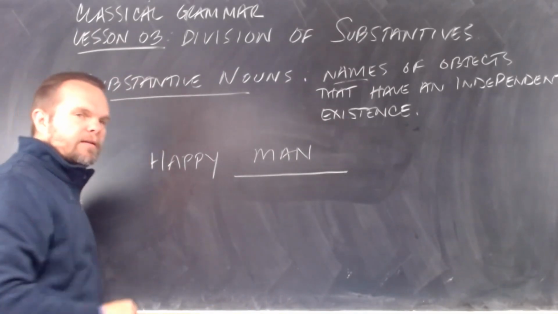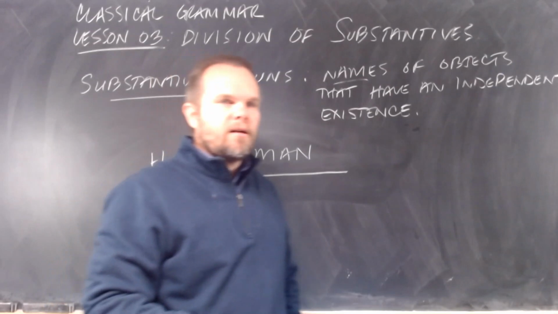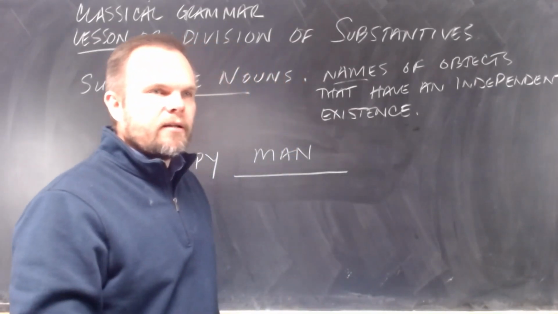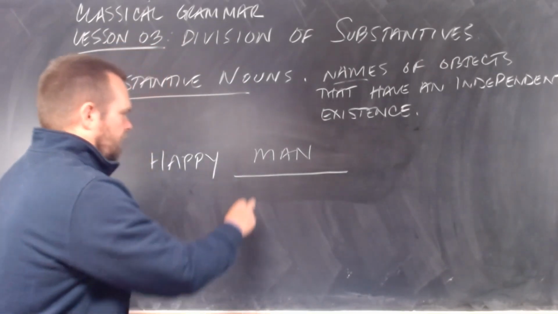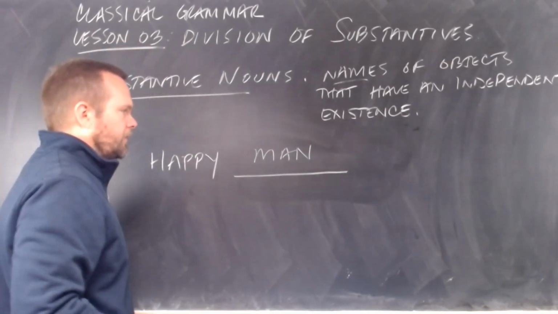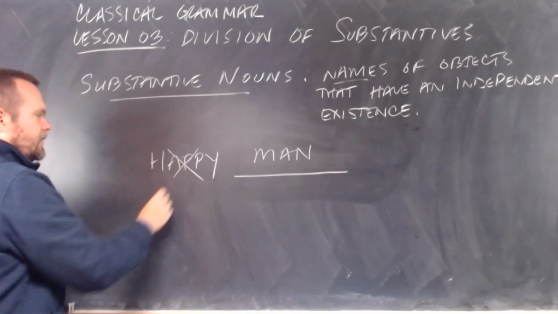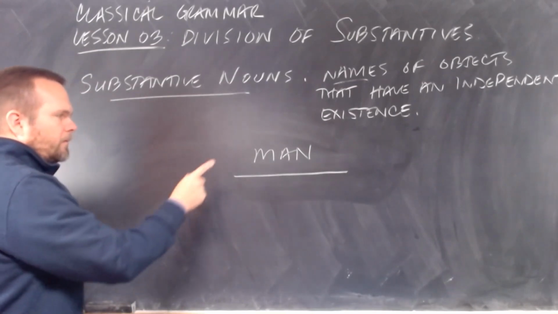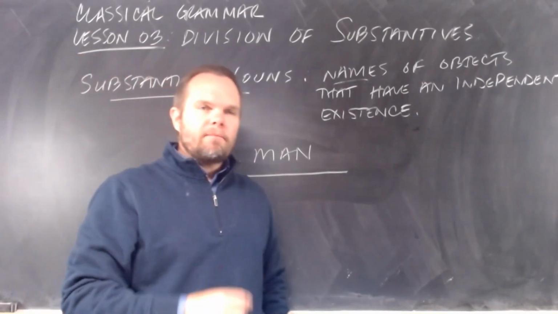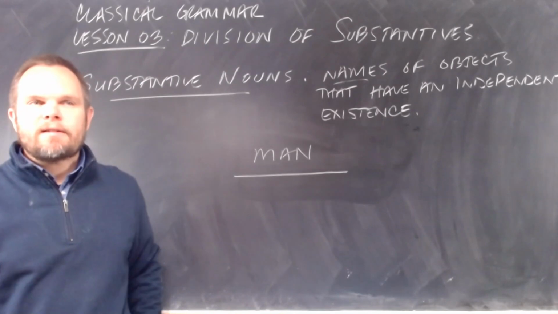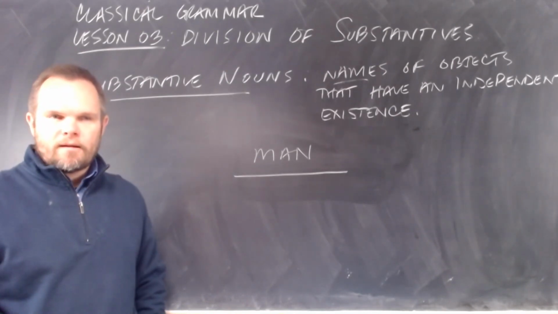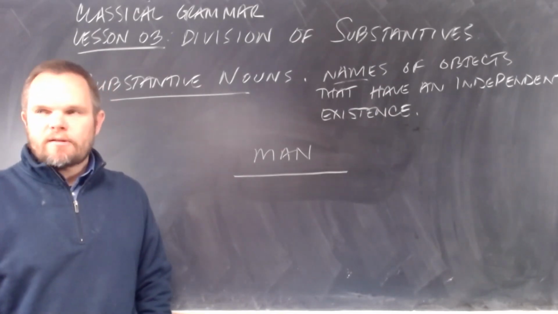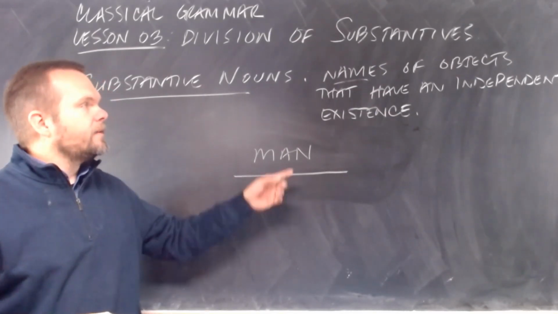Now happy makes sense because it's happy something. The quality of being happy is present in the man. Happy is not a substantive noun. But the name man can stand by itself in speech and express an idea by itself. It doesn't need to be joined to anything else because man is a substantive noun.